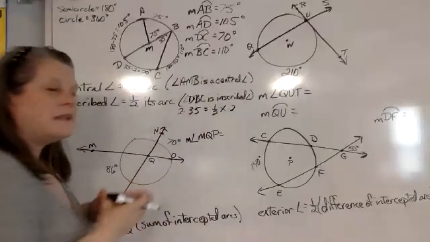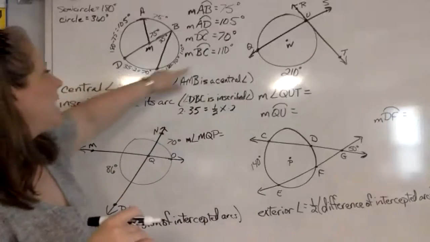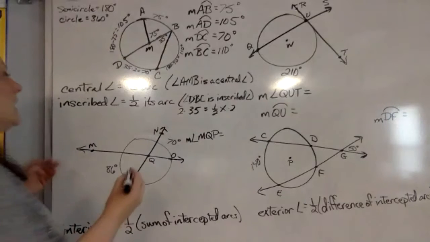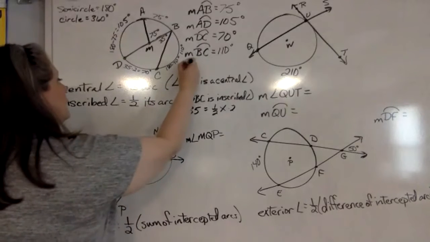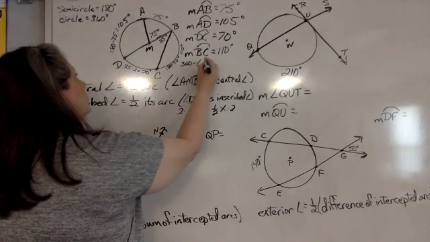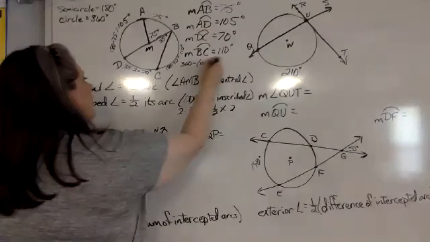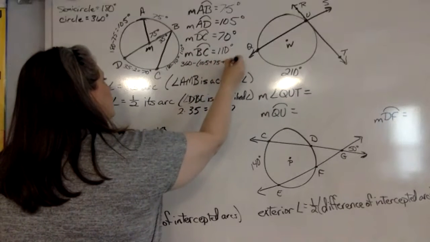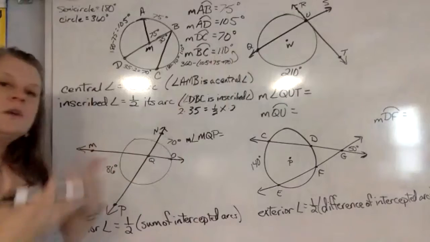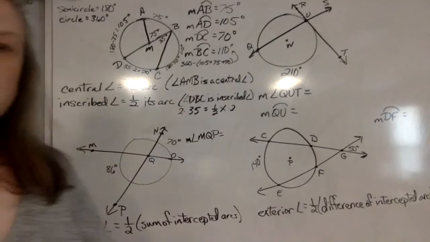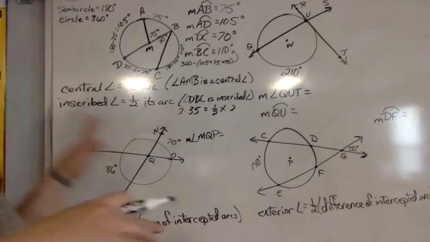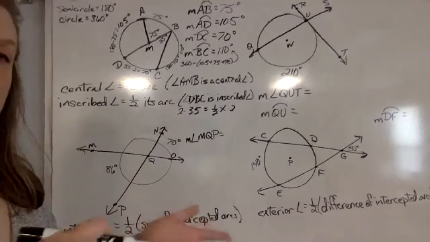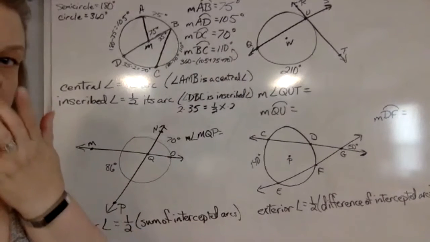Now the other way that we could have done it is we know the entire circle is 360. So you could have done 360 minus the 105 plus 75 plus 70, and it would have still given you the 110. So either way would work, okay? Sometimes on these, finding different arc or angle measures, there is more than one way to get them.